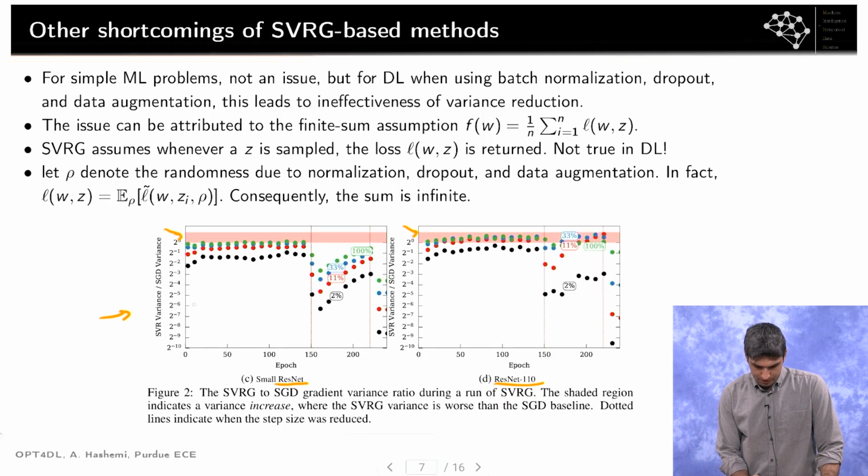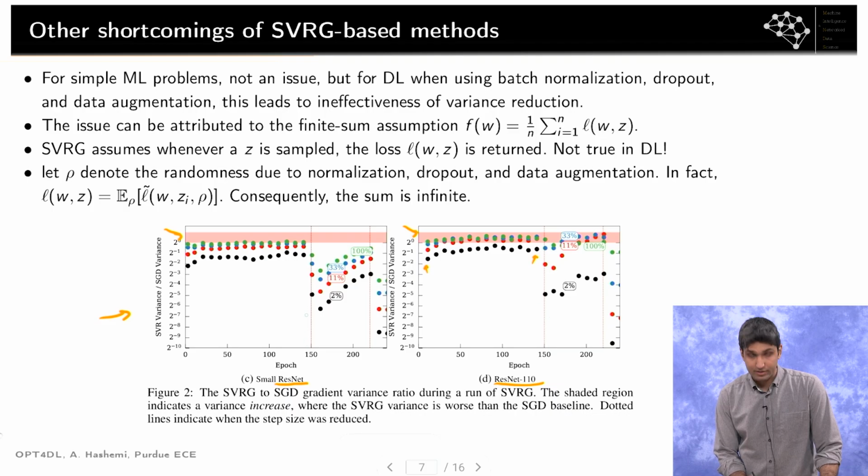So yeah, this shows that the variance could actually increase. Also, as you're training the model, there is an increase in the variance. Okay, for instance, here the variance is small, but as you're training, the variance is going to go up.